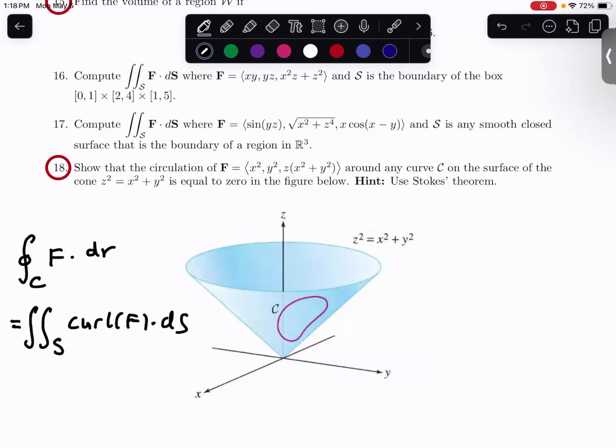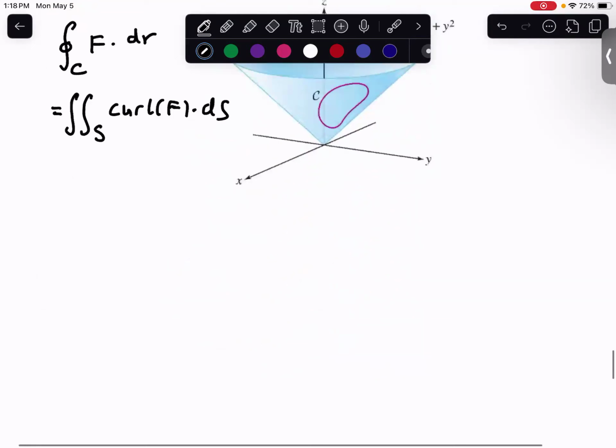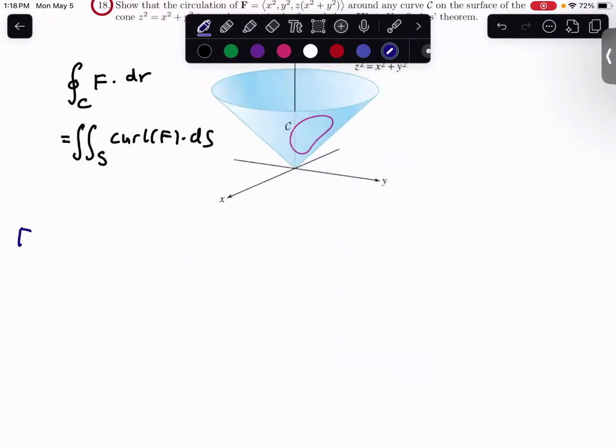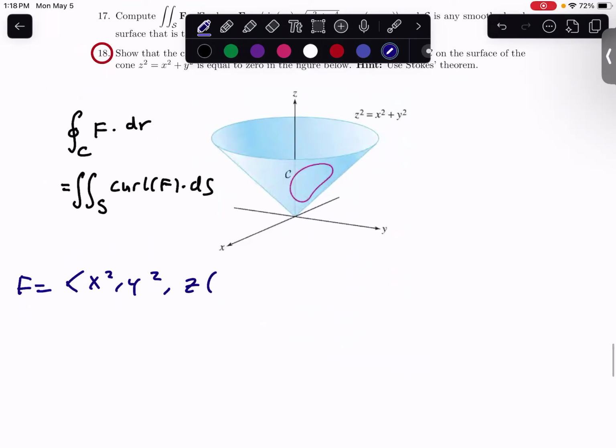And so we're just going to compute the curl, right? The first thing we do, I'm just going to write out the vector field so that I don't have to scroll up and down over and over again. So this is x squared, y squared, and then z times x squared plus y squared.